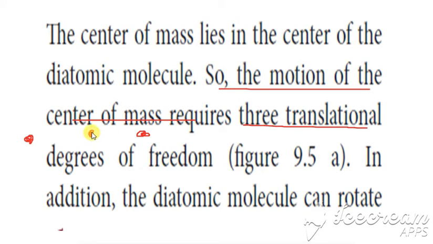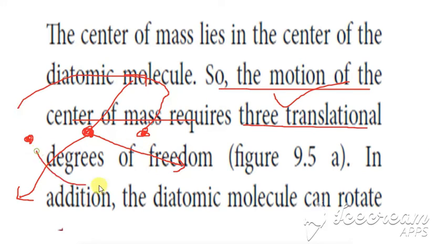So the center of mass alone has 3 translational, because x, y and z. In addition, the diatomic molecule can rotate about 3 mutually perpendicular axes, and the moment of inertia is the same, so it has 2 rotational degrees.